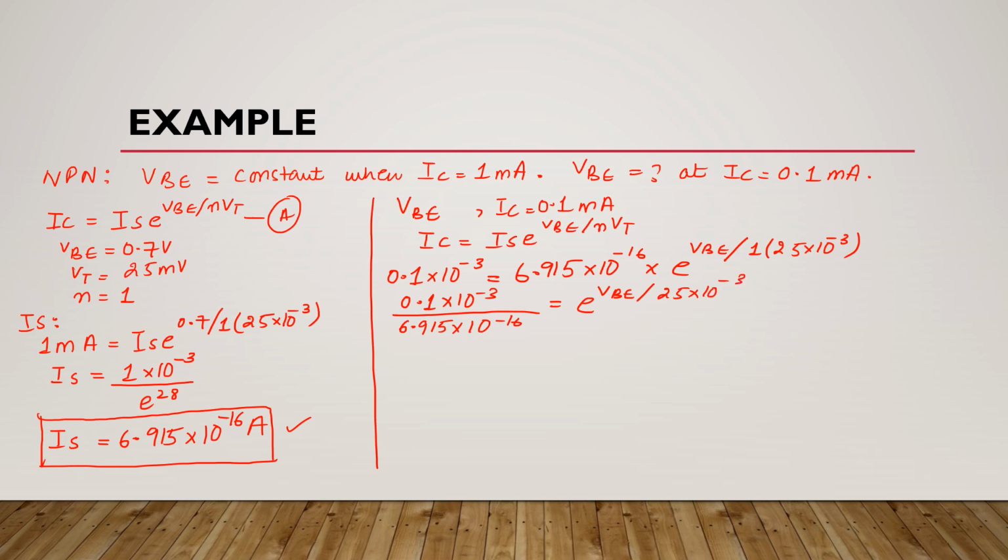Now, in order to remove this exponential term, we'll take natural log on both sides. If we solve this term, we get 1.44 into 10 raised to the power 11, and here we are taking natural log on both sides. So we get this equation.